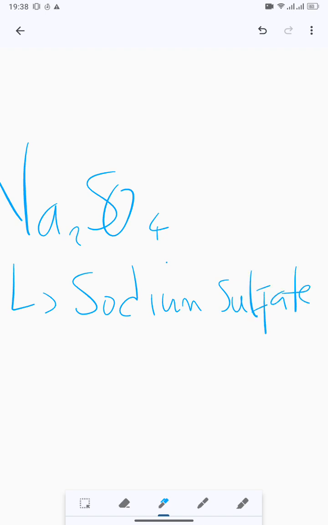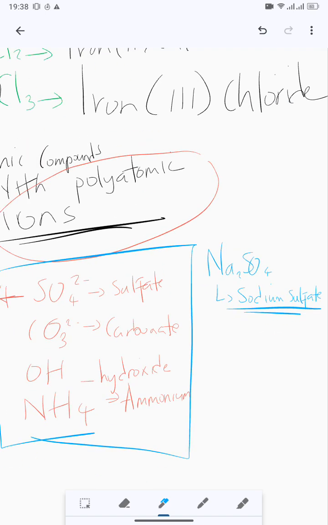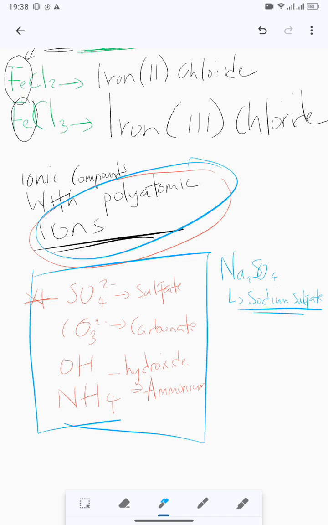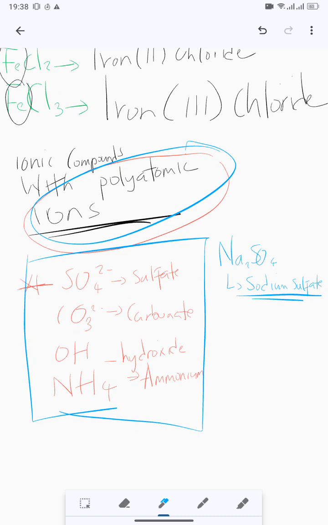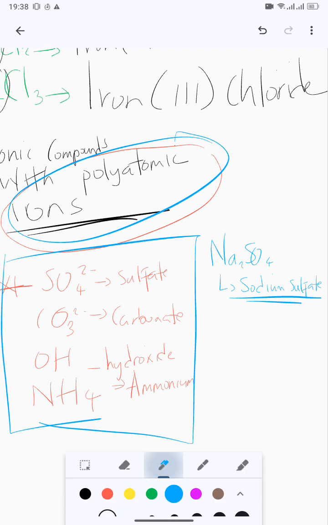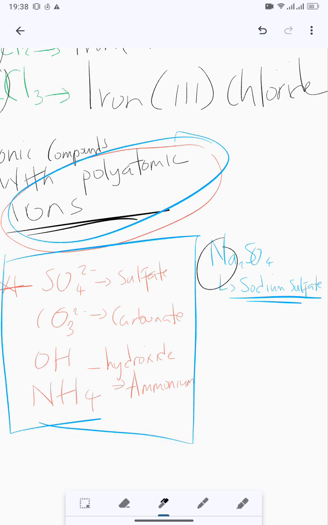That's why it's key to know the polyatomic ions, because to name a metal attached to a polyatomic ion, you don't follow many rules. You just name the metal, followed by the name of the polyatomic ion.